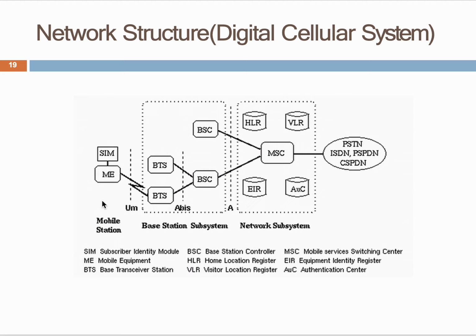So each cluster has one base station controller, and under each base station controller we have a set of base stations. The call from the mobile unit goes to the base station, and from the base station the information goes to the base station controller, and all the base station controllers are connected to one master station controller.